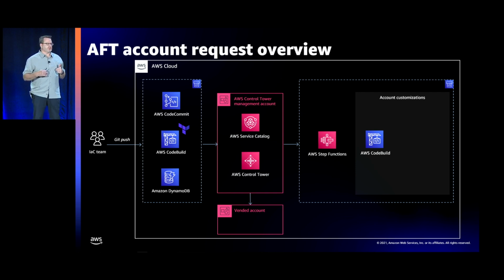So if you like to use something like an SDLC process and call them dev, production, if you want to call them by business unit, if you want to go to the granularity of doing customizations for every single account, you can do that in here. And we'll talk a little bit about that through the demo on how you do that. But we do customizations at 2 levels, just remember that. It's at the global level, which applies to all accounts, and at the account level, which you determine what makes up your account level on that.